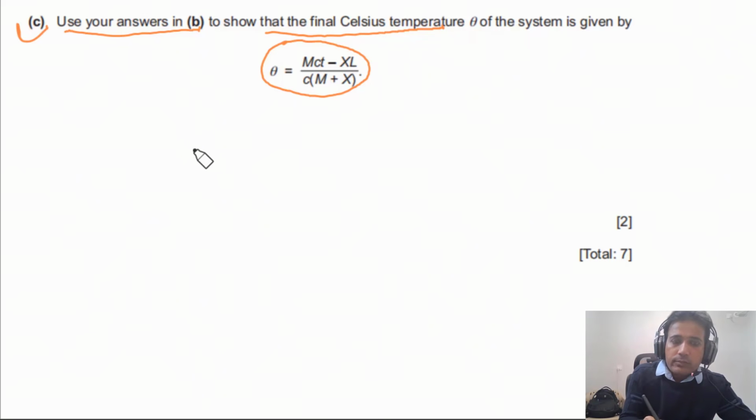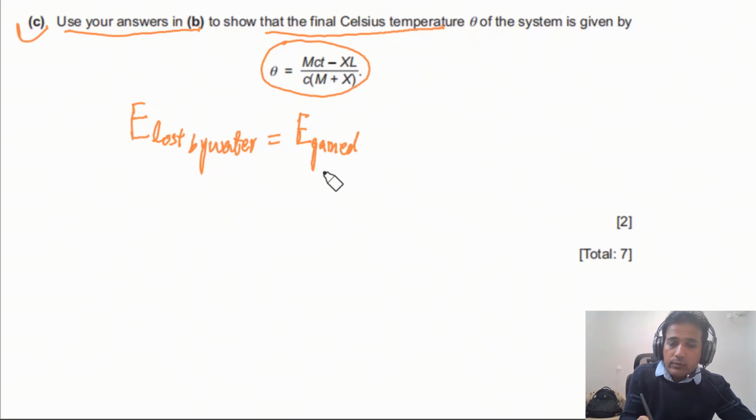So in the last part, we have seen the heat lost by the water, so we have found that E2, the heat lost by water, is equal to the heat gained by ice during phase change, plus energy gained by ice when temperature rises.